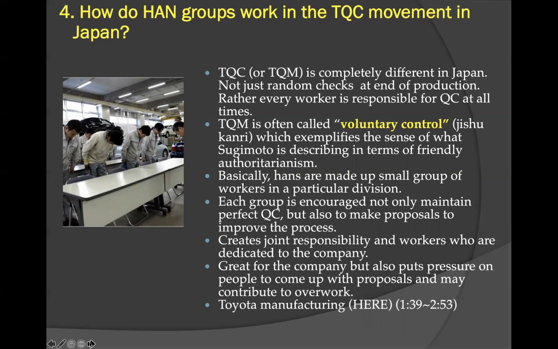So basically, TQM is often called voluntary control. And in Japanese, this is jishu kanri. And this exemplifies the sense of what Sugimoto is describing in terms of friendly authoritarianism. But basically, Hans are made up of small groups of workers in a particular division.